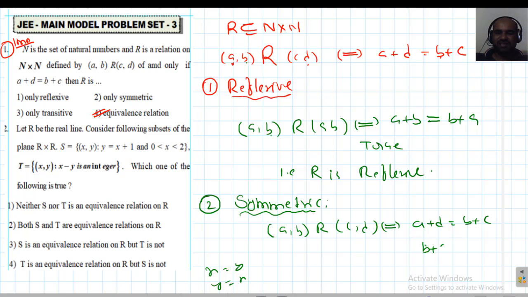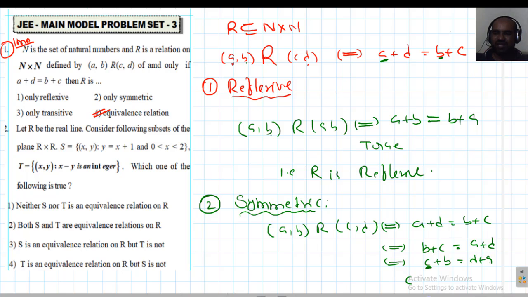Next, if A plus D equals B plus C, meaning X equals Y means Y equals X only. I can say B plus C equals A plus D. Interchanging, no problem. Instead of B plus C, I can write C plus B equal to D plus A. Now, according to the rule, how to write RHS to LHS?